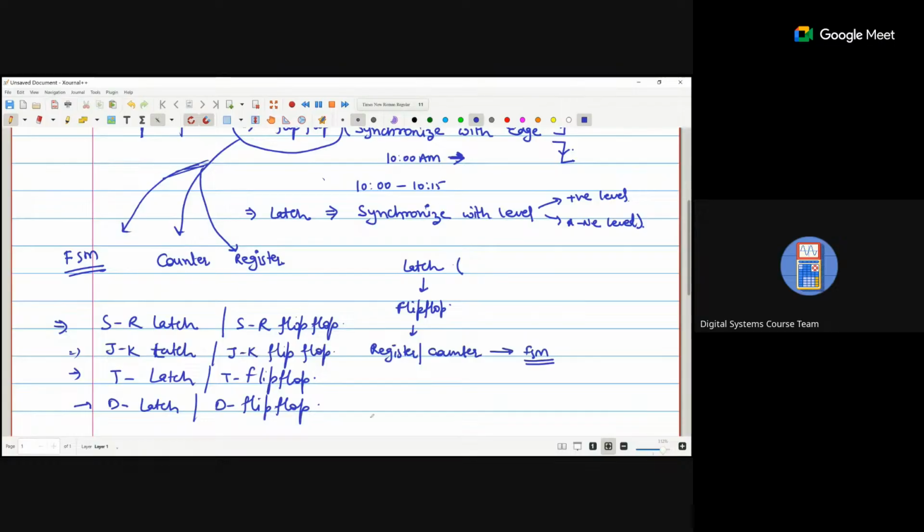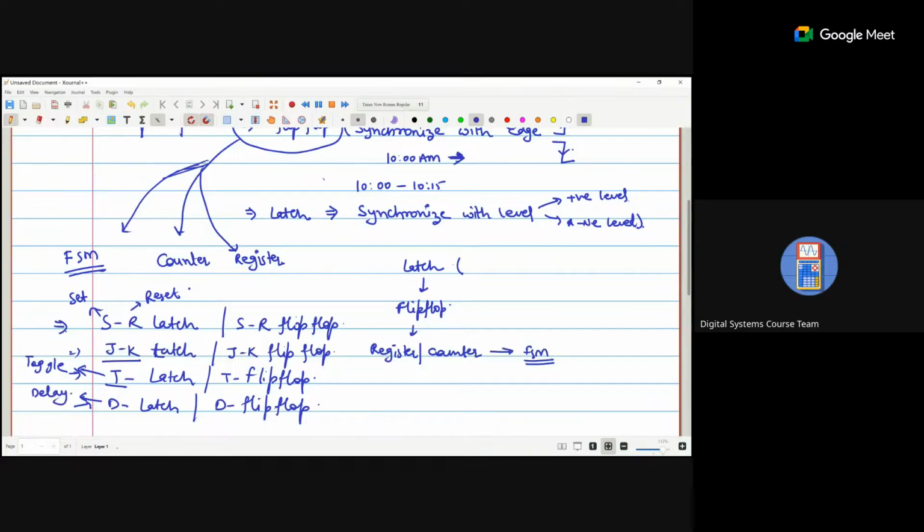SR basically stands for set reset. JK is named after a scientist. T is toggle and D is delay.